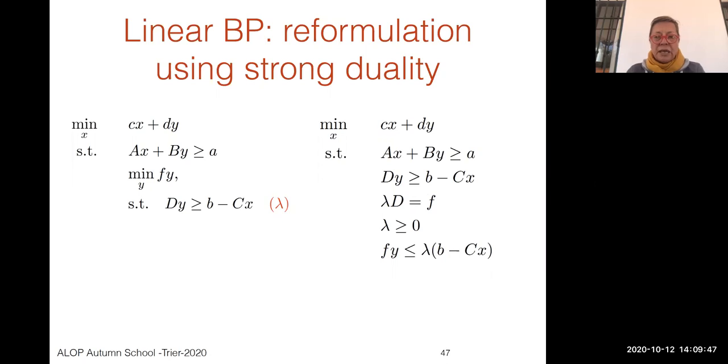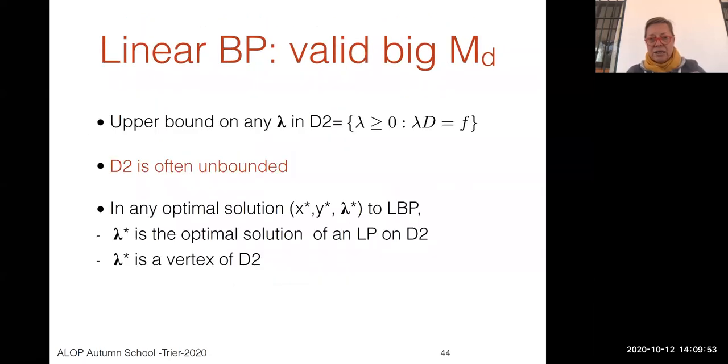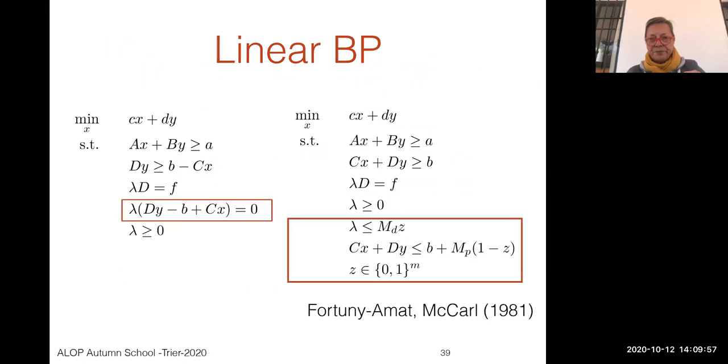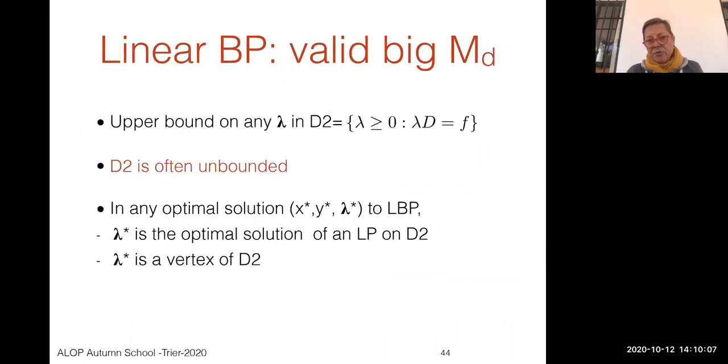When you use the KKT reformulation, you really have this disjunction that you can handle by using, where is it? Let me show you. Okay, here. You see, you can really handle this disjunction in this reformulation.